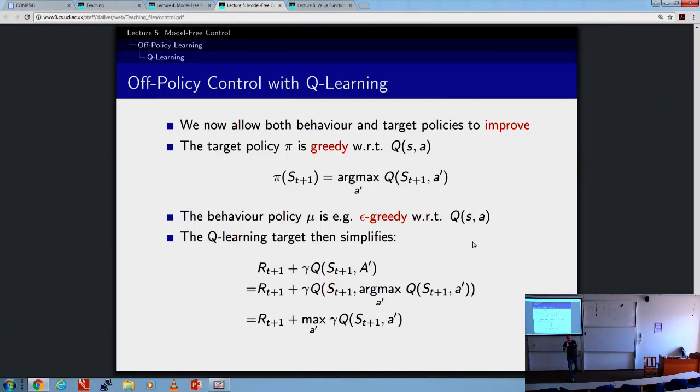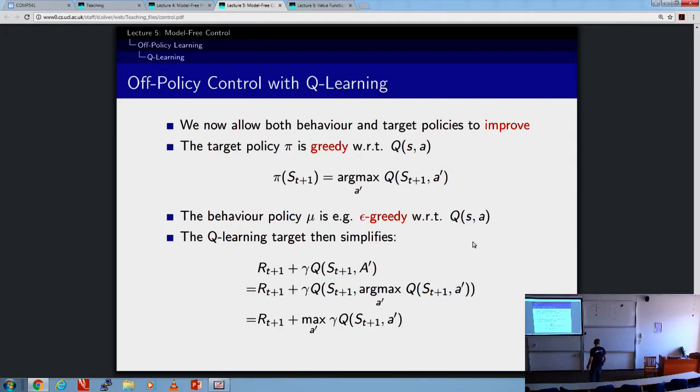That's Q learning. Good? Yeah? When I choose epsilon greedily, then I find another A prime. But correct, I update not this A prime, but the optimal one. You use as target not the one that you chose, but the one that a greedy agent would choose.